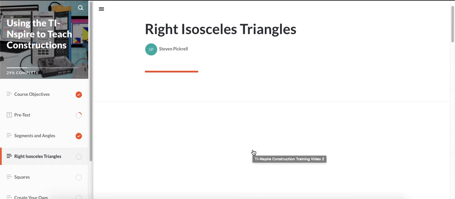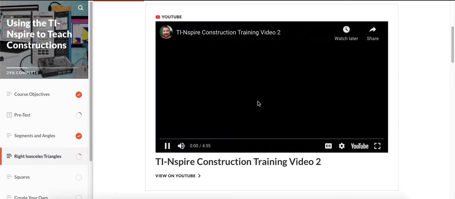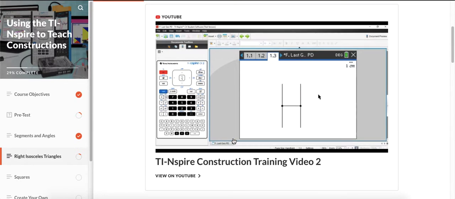Each of the other two lessons follows the same format. The second lesson beefs up the constructions as they are now tasked with creating a right isosceles triangle. In lesson 3, we take it one step further in constructing a square.